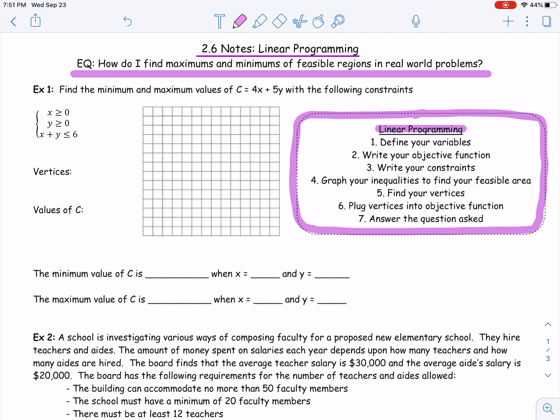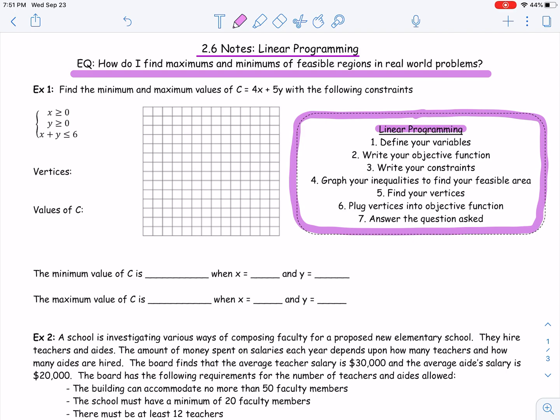So of that shaded region, we could have 3 vertices, 4, 5, just depending on the shape of that feasible area. Then we're going to take those vertices, plug them into our objective function, and then depending on what the question is asking, that's when we'll answer the question. So it might want the minimum, it might want the maximum, it might want both, it might want the average. It just kind of depends on the question.